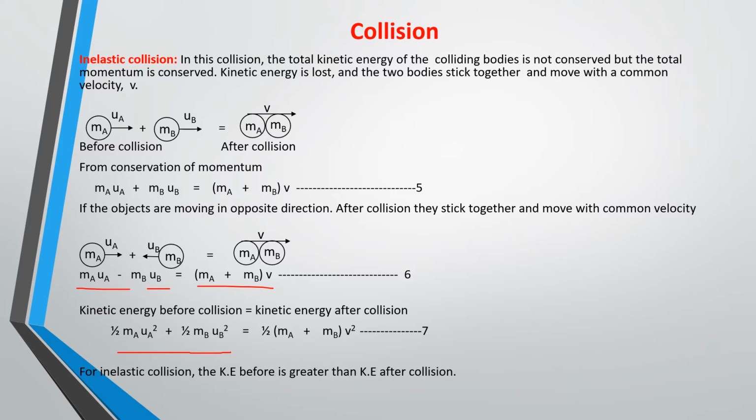That is why we say that in this type of collision, kinetic energy is lost, but momentum is conserved. So take note of these equations, because these are what we will use to solve problems. These are the equations for the different types of collision that we have.